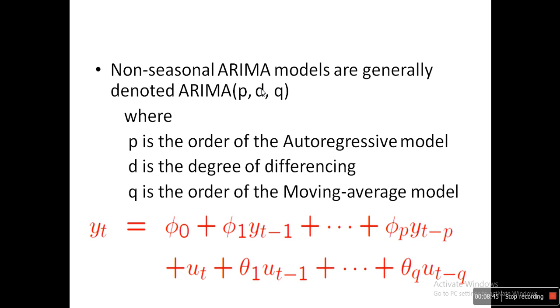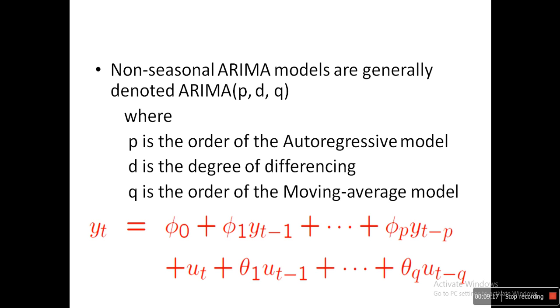And next, what we have to know is about d. d is the degree of differencing. If only p is given, I could take yt minus 1, yt minus 2, or however many terms. If I give the d value, it means successive differences.